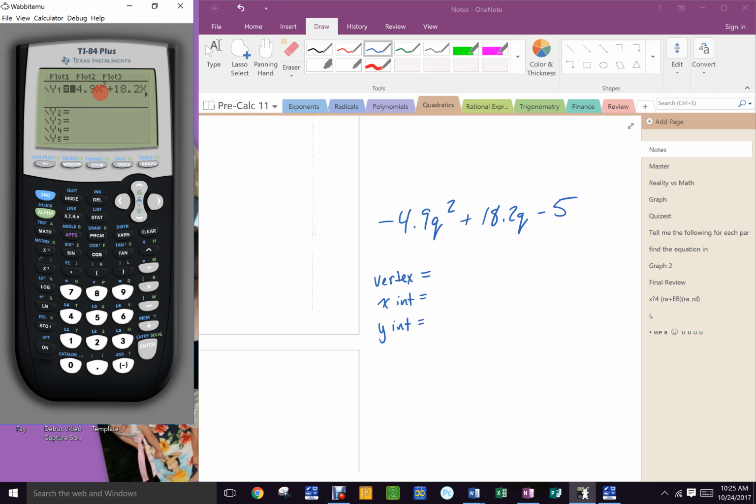Negative 4.9 x squared. Oh, I know. I forgot to put a number down. You must have this variable.